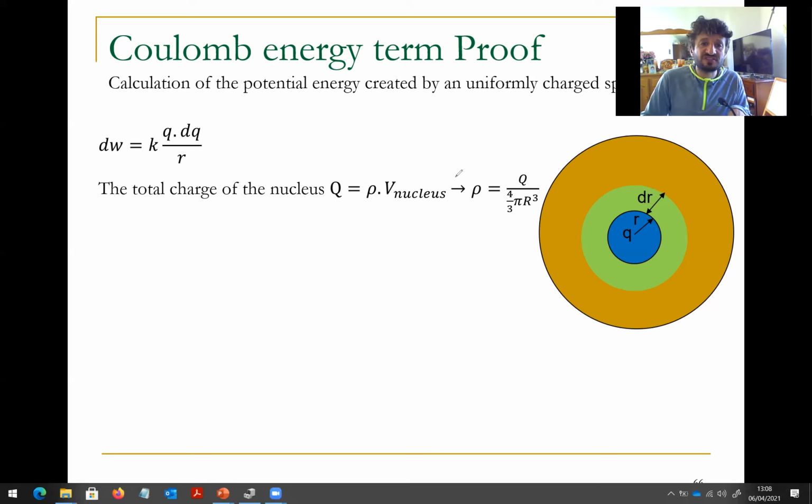Why do I use this relation? Just to calculate the value of the volume charge density, and later you can use this rho to find small q and dq.